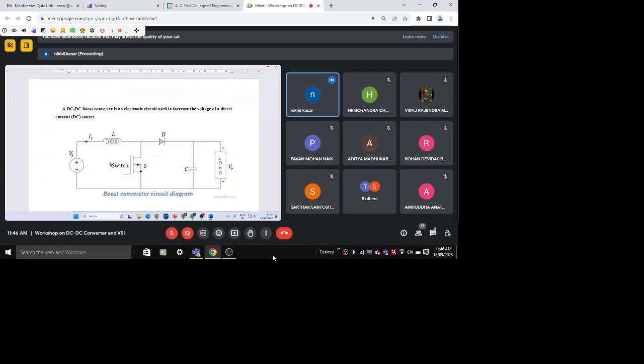For that purpose, the role of DC to DC converters is very crucial in upcoming days, in this era of electric cars, electric bikes and renewable energy sources. We then started the discussion about the DC to DC boost converter.